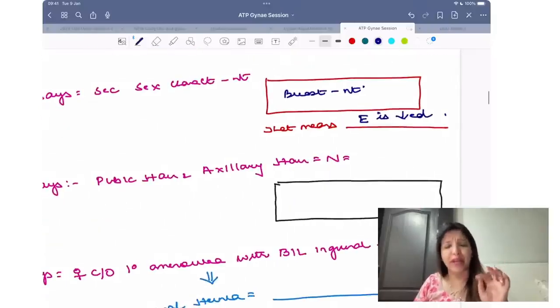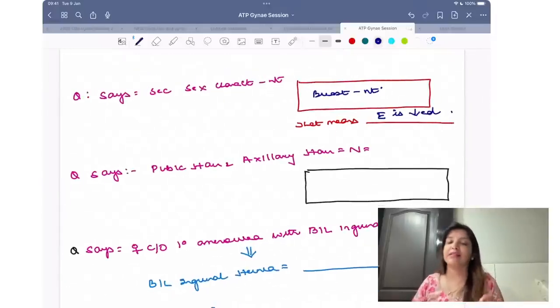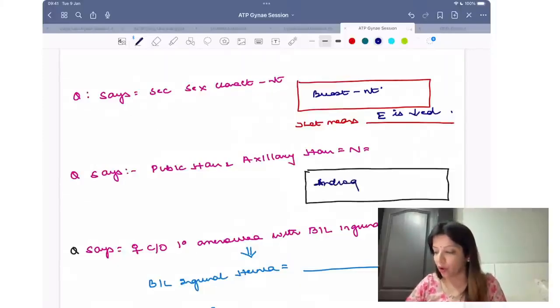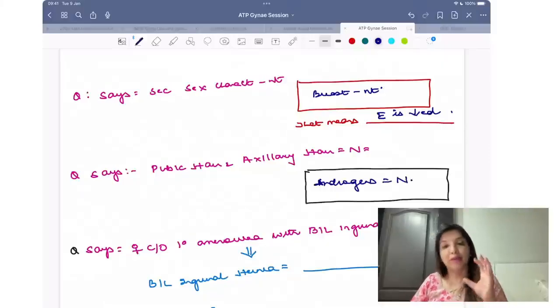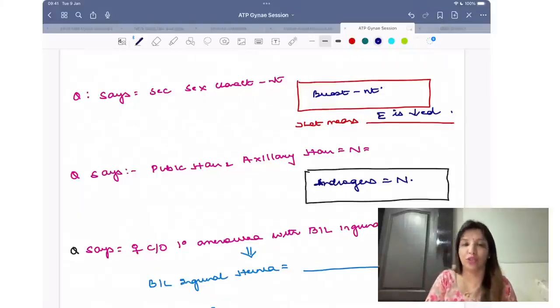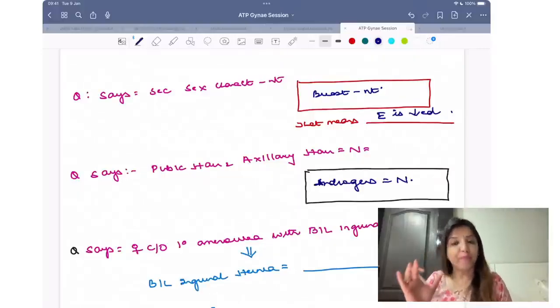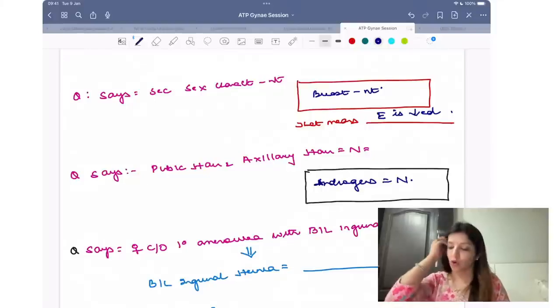So breast absent means estrogen decreased, breast present means estrogen levels are normal. Now, if your question says pubic hair and axillary hair are normal, that means androgens are normal. Why? Because the hormone responsible for pubic hair and axillary hair in a female is also androgen, right? Whether it is a male or a female, for pubic hair and axillary hair development, androgen is required.